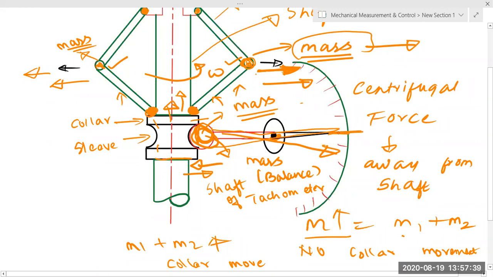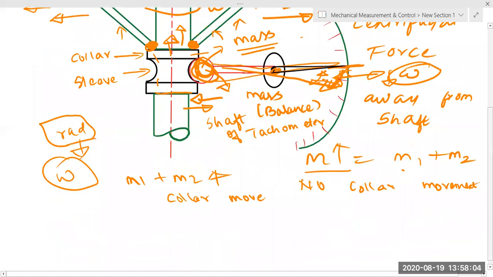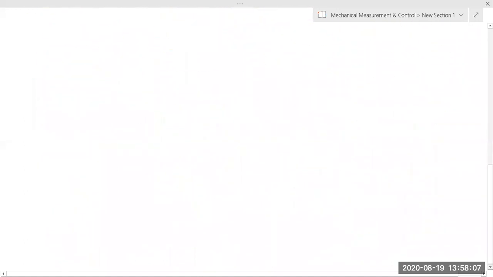Initially if it is here and it moves here, this can be calibrated in terms of angular speed, because whatever the value is will indicate nothing but angular velocity. This is the way a fly ball tachometer works. This is one type of mechanical tachometer.